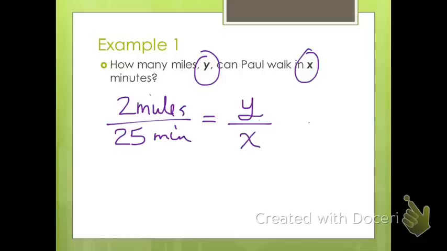We're going to use the same method. Remember, these are like those linear equations in disguise that we did back in lesson 8. Anytime I have 2 fractions or ratios set equal, I know that the cross products are also equal. So this leads to a different equation: 2 times x is equal to 25 times y.